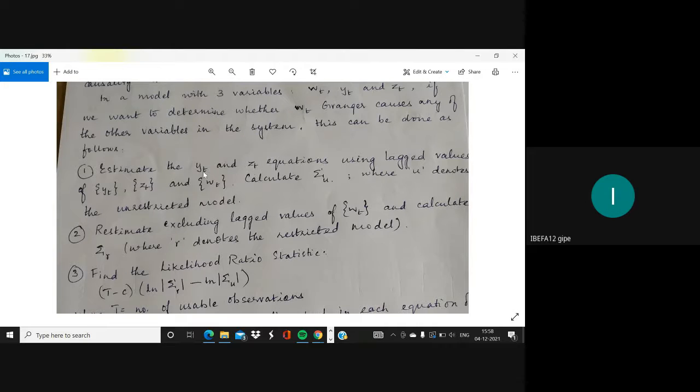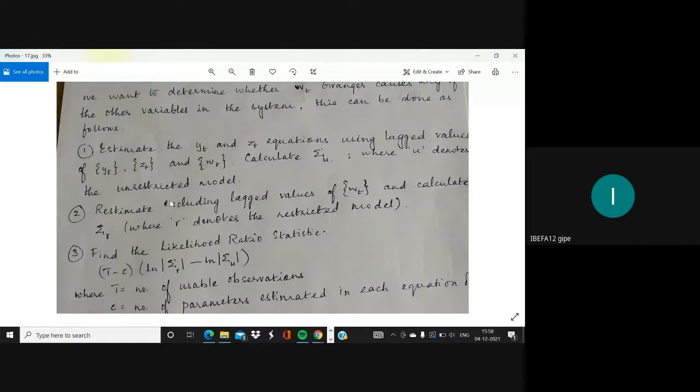Estimate them using lagged values of all three variables. Then calculate the variance covariance matrix of this unrestricted model. U denotes the unrestricted model, since you're not restricting any of the lagged values to equal 0.